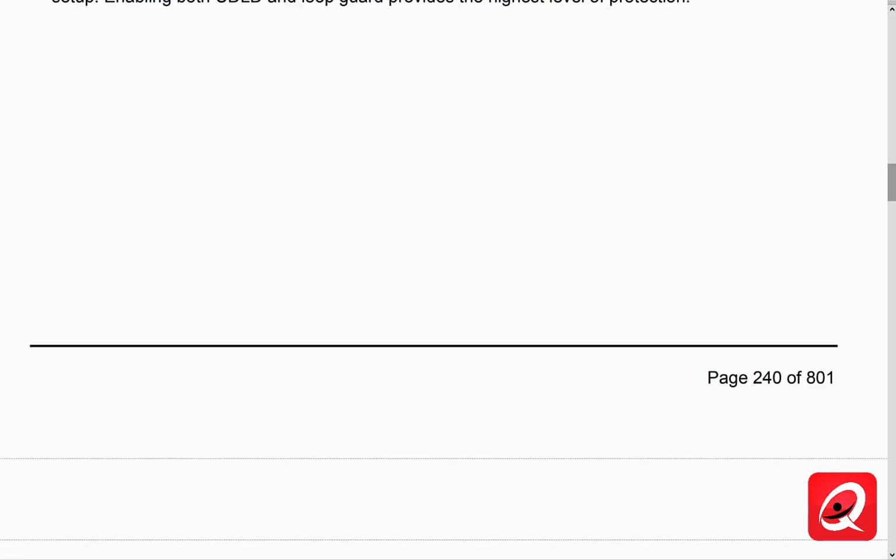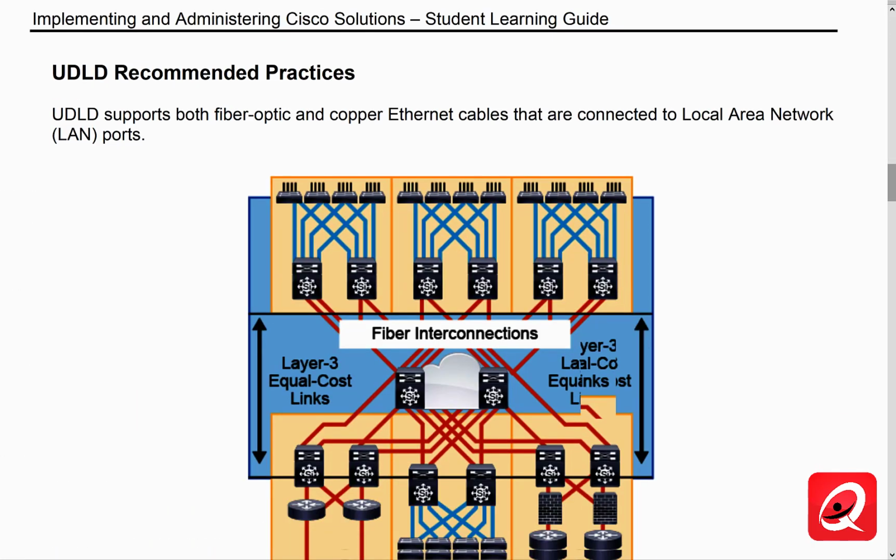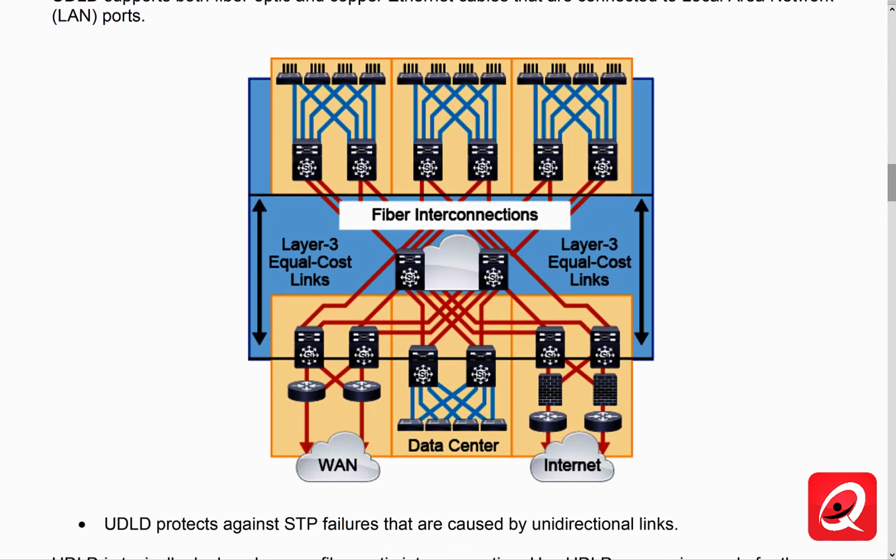As far as best practices for UDLD, we can run UDLD on fiber or we can run it on copper. I would say probably not really necessary on a copper cable. The only way that you're going to get unidirectional data flow on a copper cable is most likely if the cable's not terminated correctly.